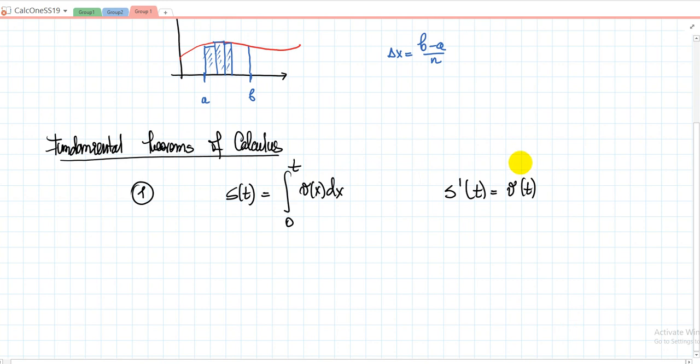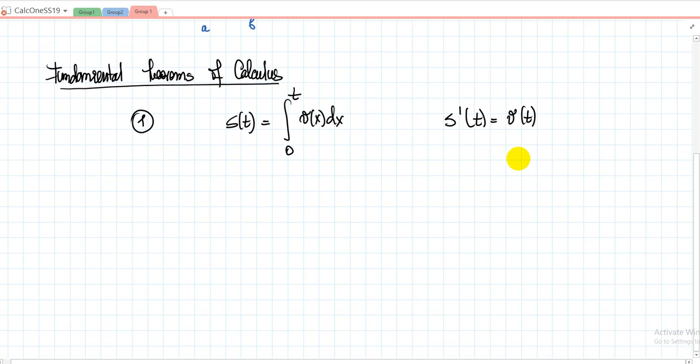Do you understand this? It's like I'm finding the derivative of this s function at some point t. It appears that at this point t, its derivative is simply equal to v, okay? You don't need to integrate this and take the derivative. You can just take v as the answer. So the conceptual idea is like this.